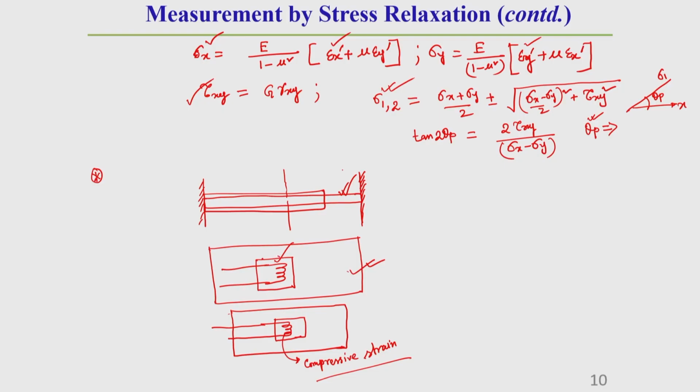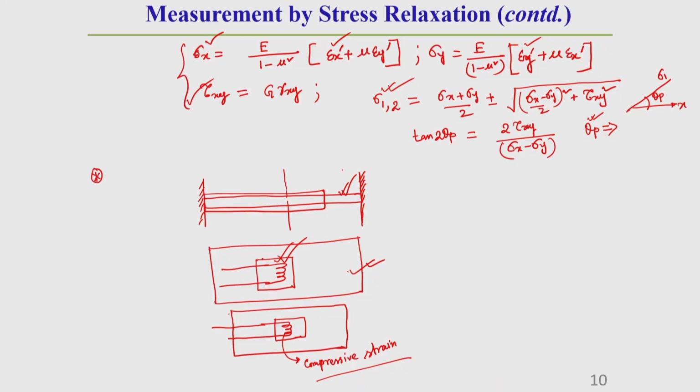Actually, in this body there is tensile stress, but due to the release, the strain gauge is subjected to compressive strain. So whatever is recorded by the strain gauge will be negative.